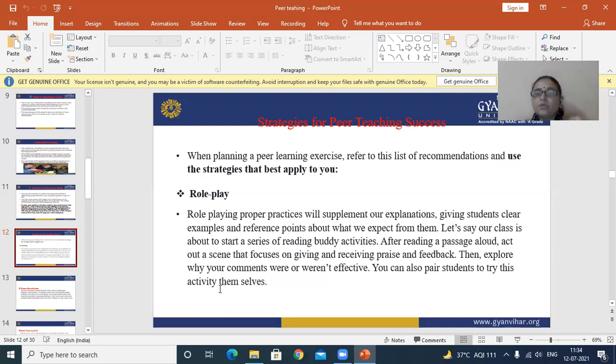In role play, students express their feelings, and they learn how to communicate well with other people.